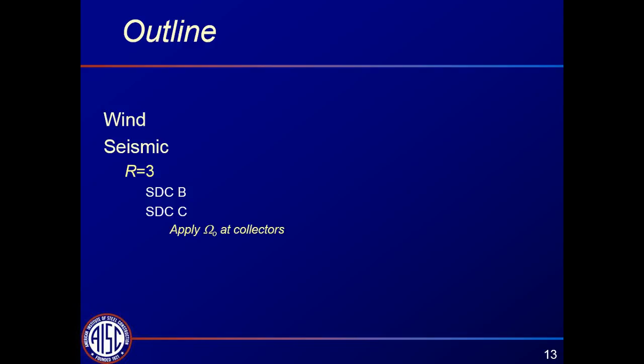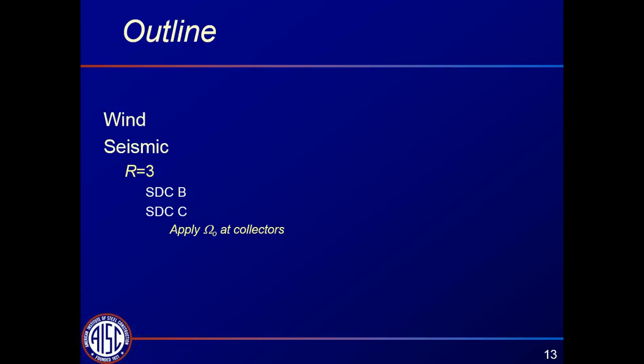In this seminar, we're going to start with wind and seismic base shear forces. We'll look at R=3 systems in the lower seismic design categories B and C. The only difference between B and C is that in C we apply the omega sub O factor at the collectors and their connections.